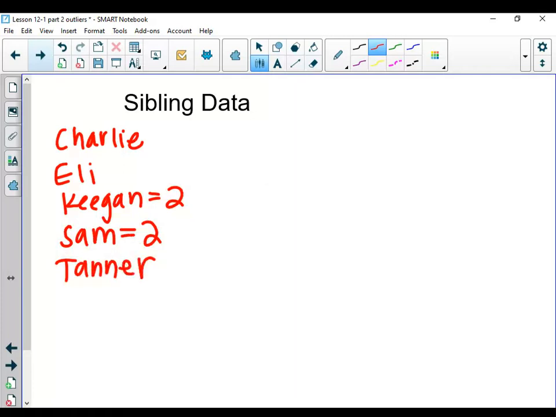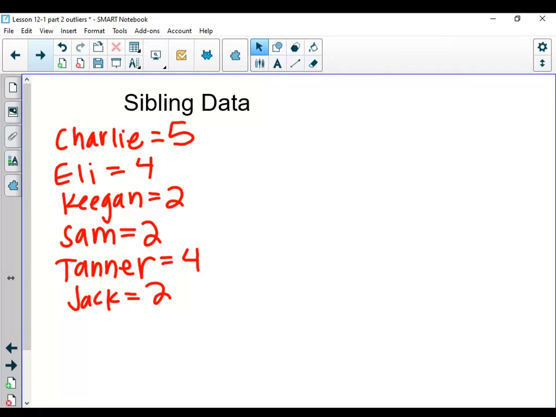Sam, did you have 2 or 3? There's just me and my brother. Tanner 4, Jack 2. Eli, Charlie 5. Oh, I thought it was 7 for some reason. No, that's how many people are in this family. Oh, yeah. Good memory, you guys.